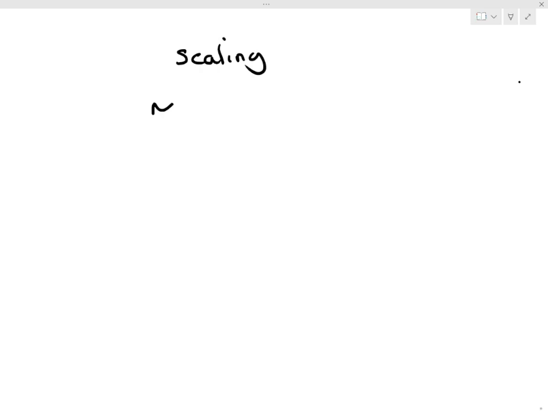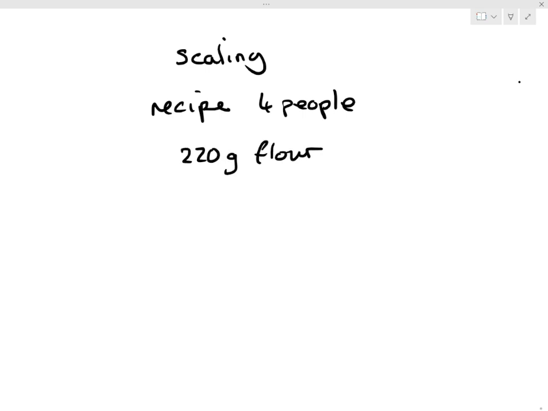Now, as I said just now, scaling, and these are usually recipes. So you're going to get a recipe for 4 people, and we'll just do one ingredient because it's the same. You're going to use 220 grams of flour. How much for 20 people? So find for 1.